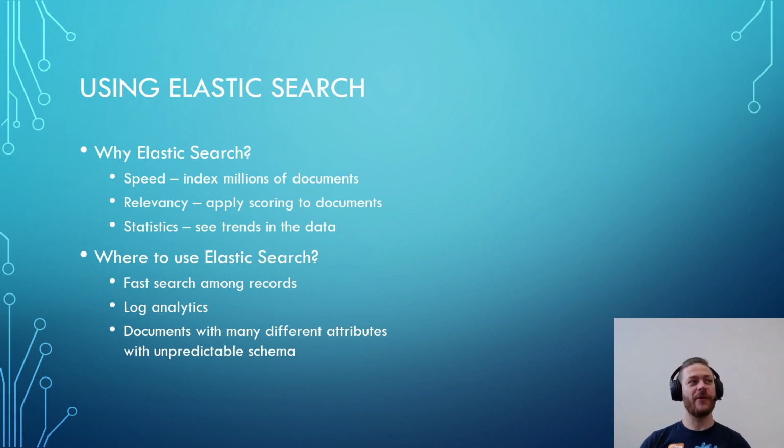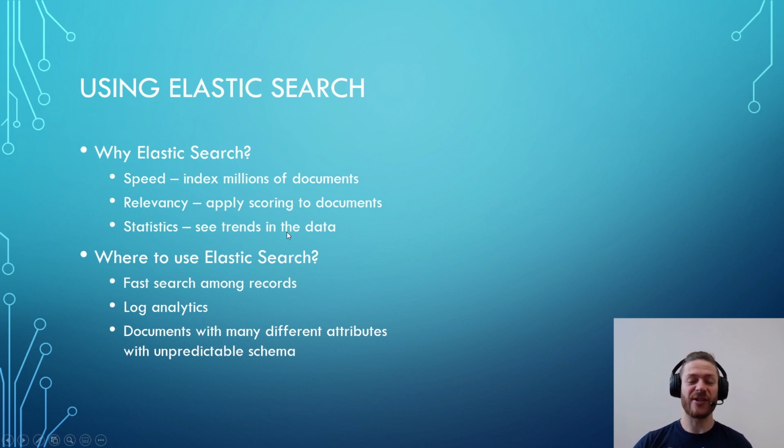So it will be very easy to score and to sort the results based on their relevancy. It's out of the box. It works like magic, you know. It's very convenient for advanced searches. And finally, you can use Elasticsearch for statistics because you can easily see different trends in the data.